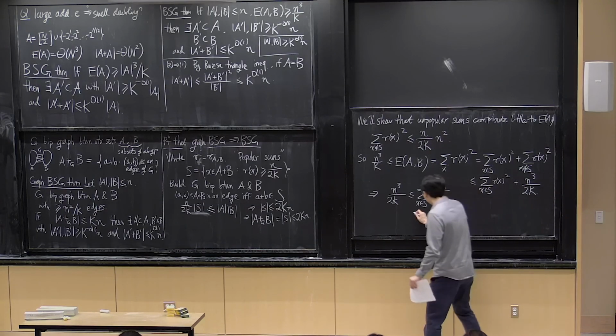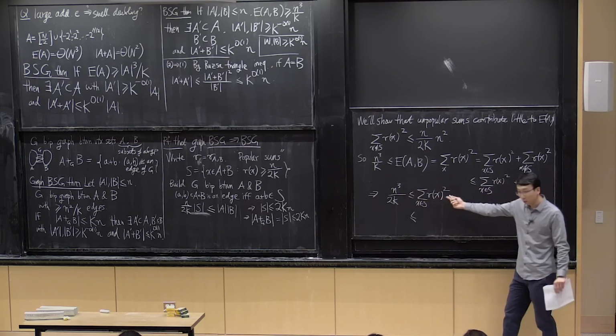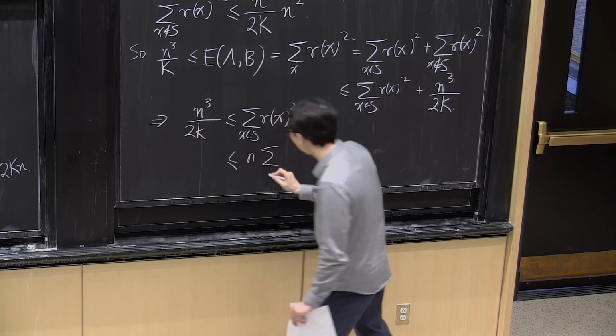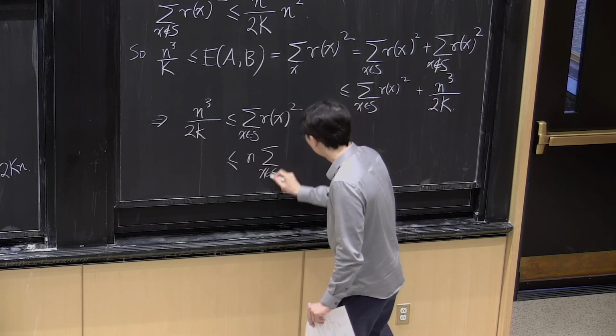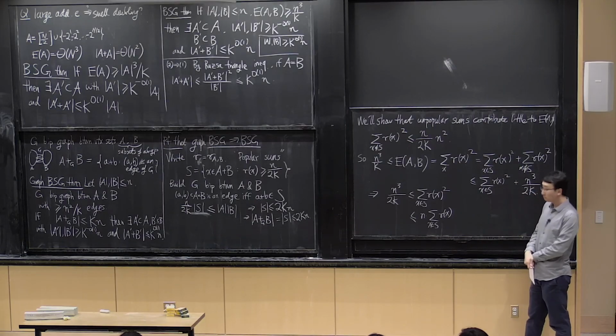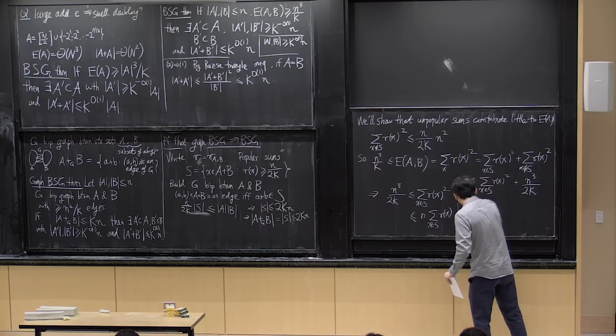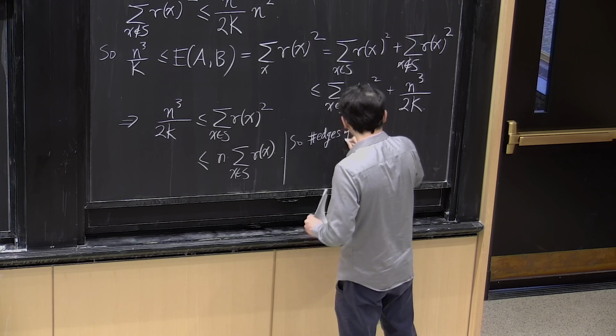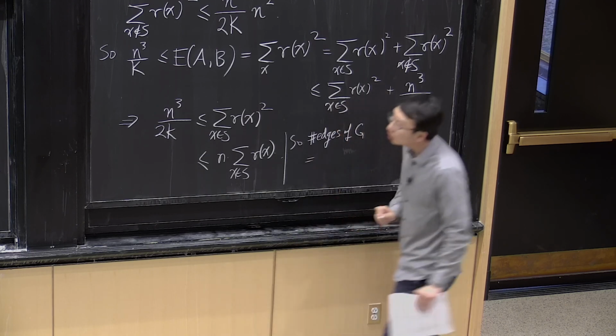But I can also give a fairly trivial upper bound to a single r, namely it cannot be bigger than n. And so the number of edges of G, what's the number of edges of G?